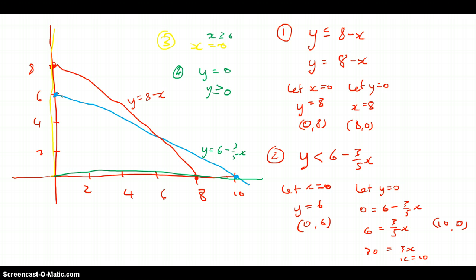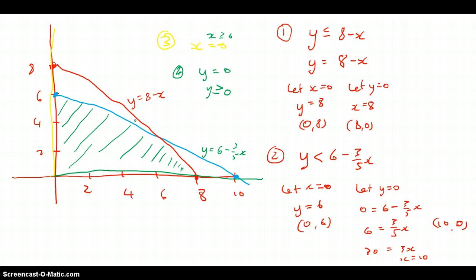It says y is less than 6 minus 3 on 5x. If we have a look at the line here, we can see that everything below the line is actually what we want, and everything above the line would be y is greater than. So now I've got two restrictions. I actually want this section right here. You can see I didn't highlight anything past this red point because I was already restricted under this line.